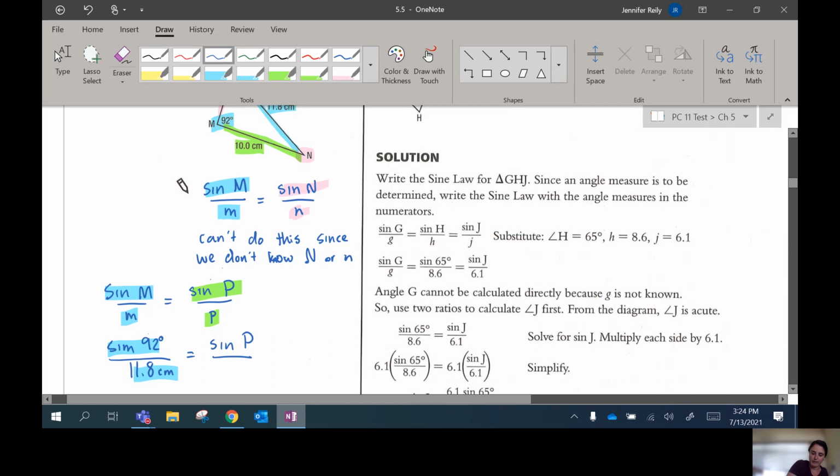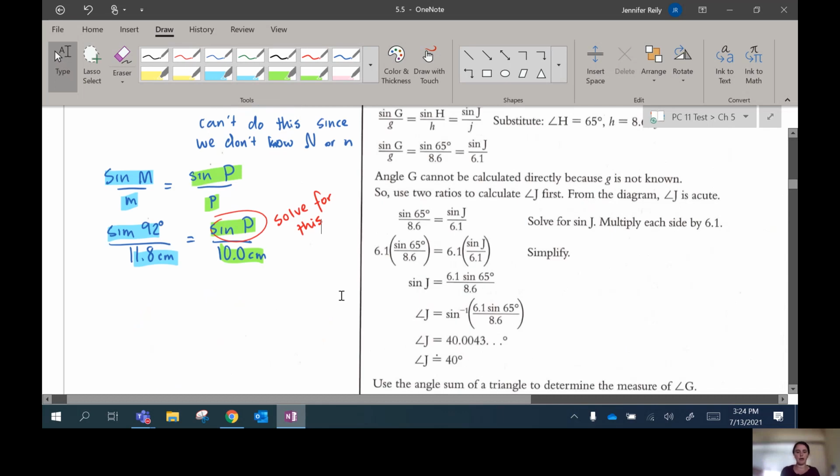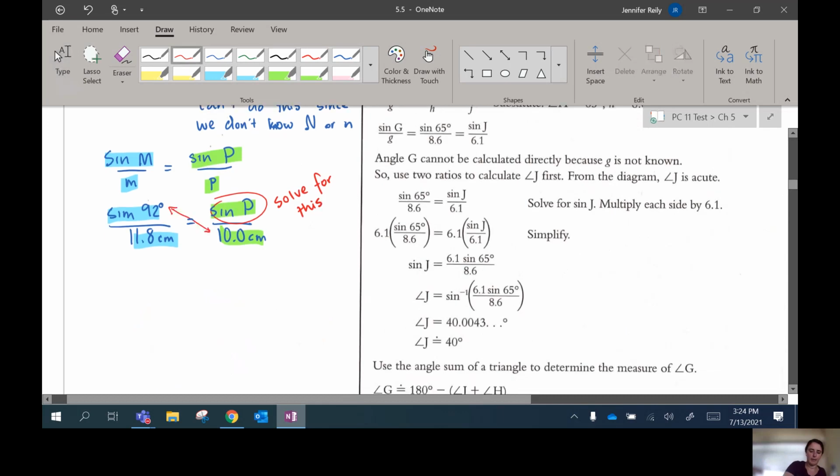And little p is 10.0 centimeters. Okay, now we're going to solve for this. Remember you multiply the terms that are diagonally across from each other that you know, and then you divide by the other term. So sine p is sine 92 times 10.0 divided by 11.8.